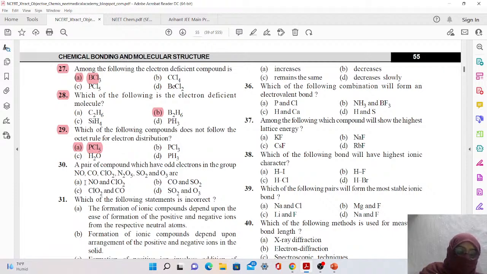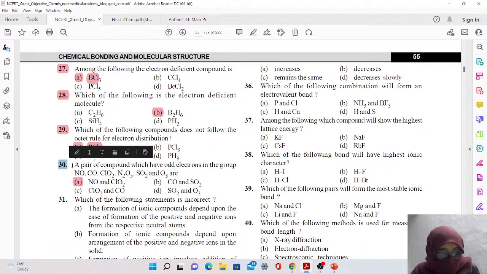We need not know whether ClO2 has an odd electron or not, because it's not given in NCERT also. That's the hint for how to know the answer. We know that NO has an odd electron, so pick the one which has NO. That means the answer is A, right? I hope you got the explanation for this and how to pick the right answer.